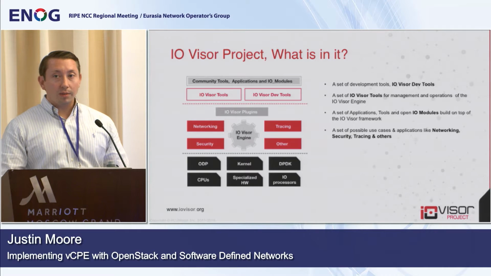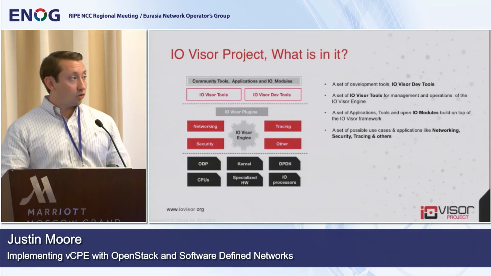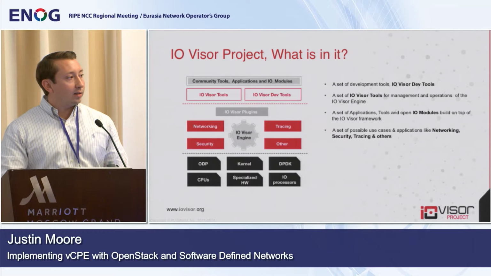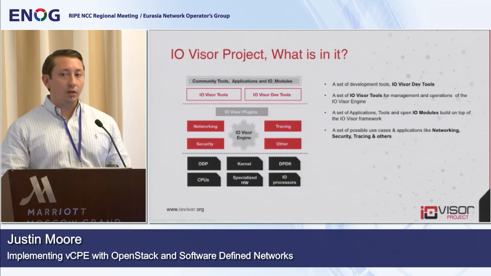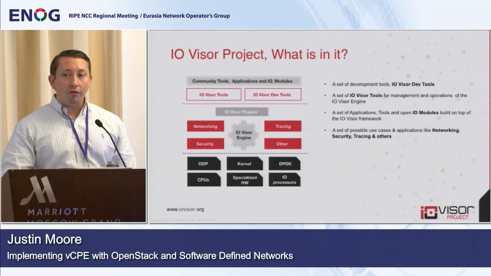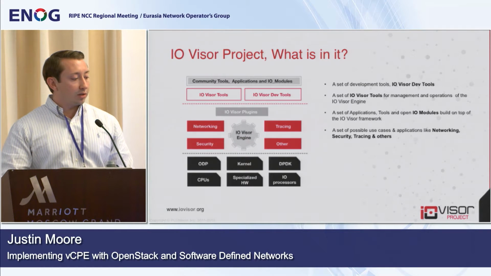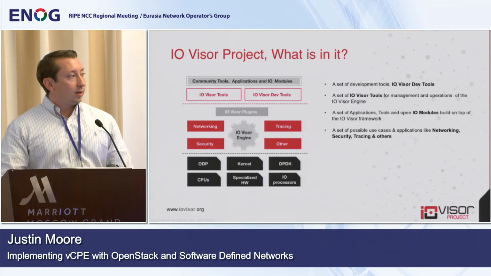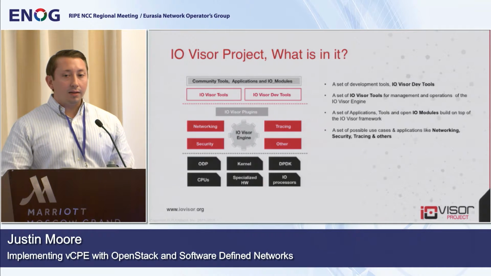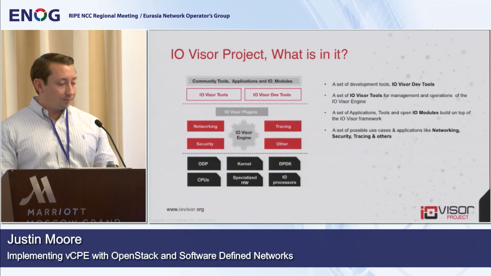Also storage, I mentioned earlier, advanced tracing functionality. If you think about some of the functionality enabled in tools like dtrace and SystemTap, those are all available inside of IO Visor. And so it gives you a really rich set of features to deploy, not just for network function virtualization, but also for troubleshooting and performance monitoring of your environment.